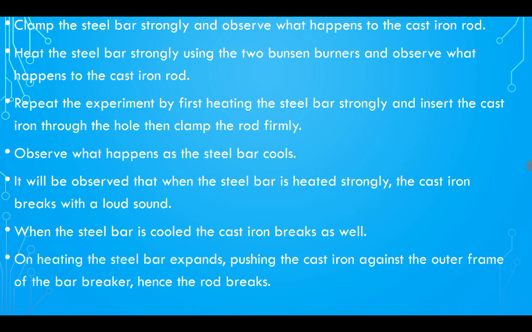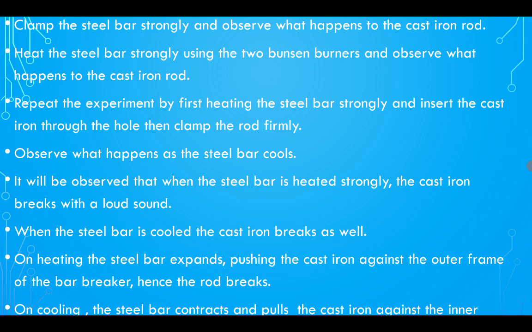So the explanation is that on heating, the steel bar expands, pushing the cast iron against the outer frame of the bar breaker. Hence, the rod breaks. So there is a force caused by the expansion there. So that force will push the cast iron against the frames, and therefore it breaks.